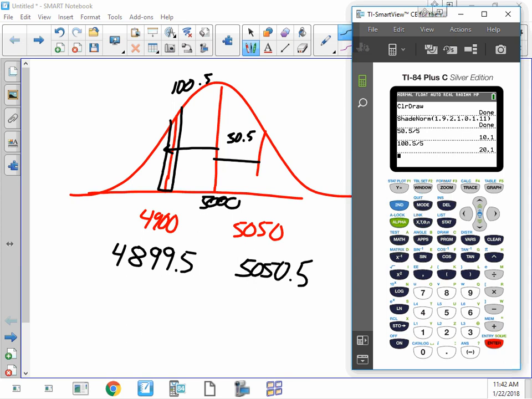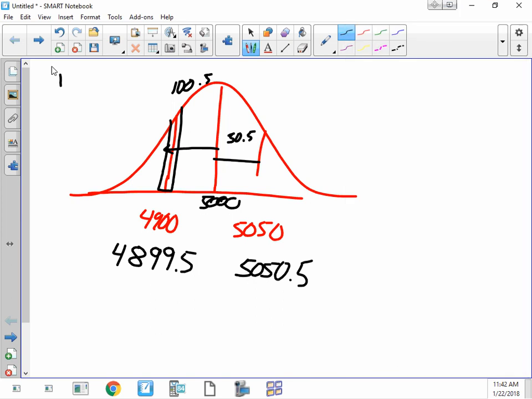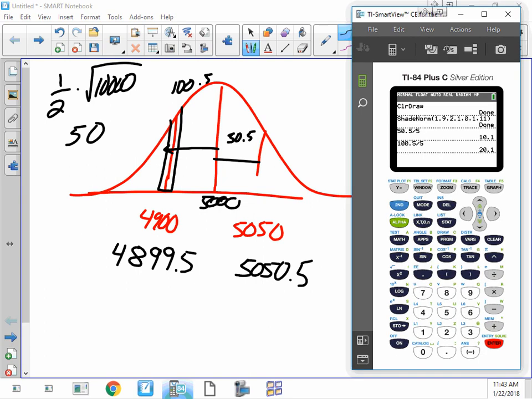What do I do with those? Not yet. Oh, yeah, we do shade norm. Oh, it's not 5 anymore. Sorry. It's 1/2 times the square root of 10,000, which is 50. Okay. Yeah, that will definitely be a better number. So 50.5 divided by 50 is 1.01, and 100.5 divided by 50.